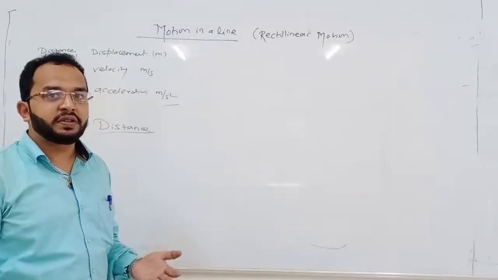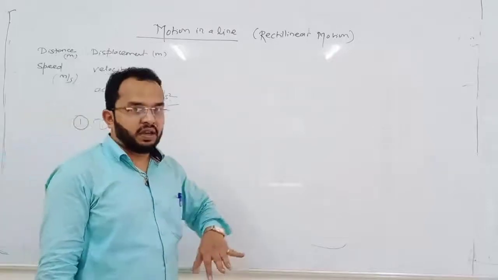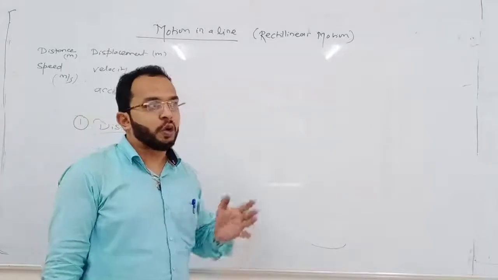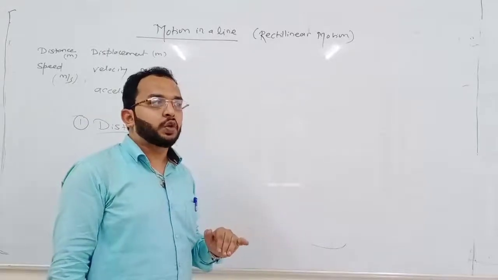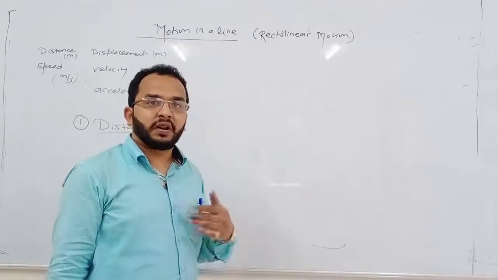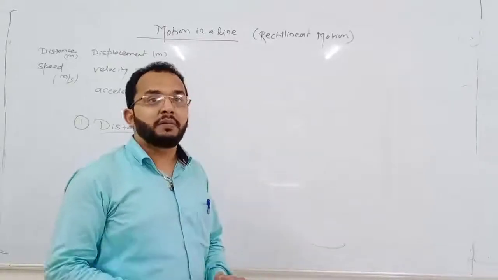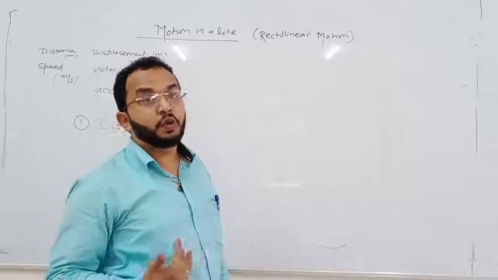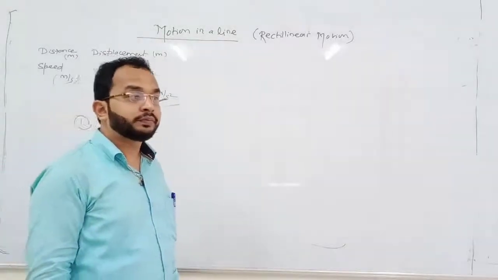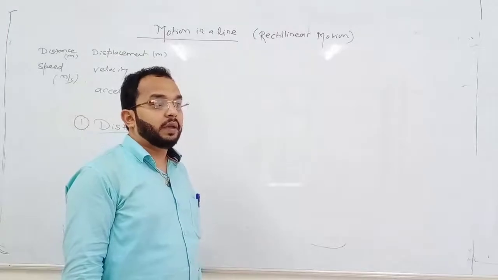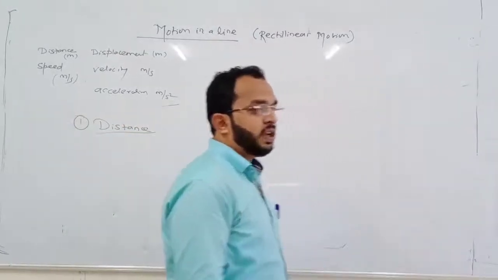For example, if I go to Mumbai 300 km and return back, what is the total path traveled by me? 300 plus 300. If I return via the same route, then 300 plus 300 it will be 600.